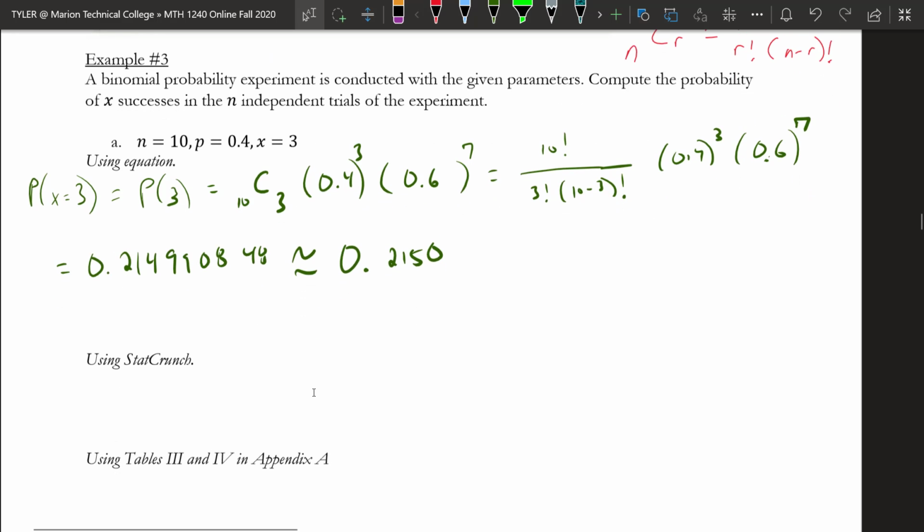So using StatCrunch, we still found that the probability of x equals 3 is equal to approximately 0.2150.